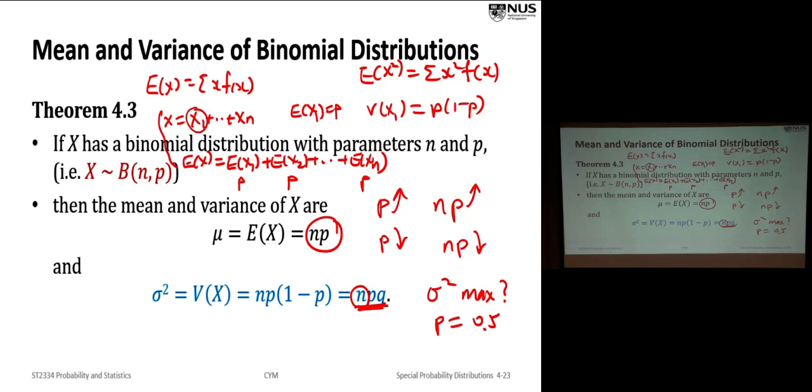Of course, if you treat it as a sum of a set of random variables, x1 plus x2 up to xn, then the expectation of x is equal to the expectation of x1 plus the expectation of x2 and so on. The expectation of x1 is much easier to work with, we have already done it, it is equal to p. So it's p plus p plus p, so the answer is np.